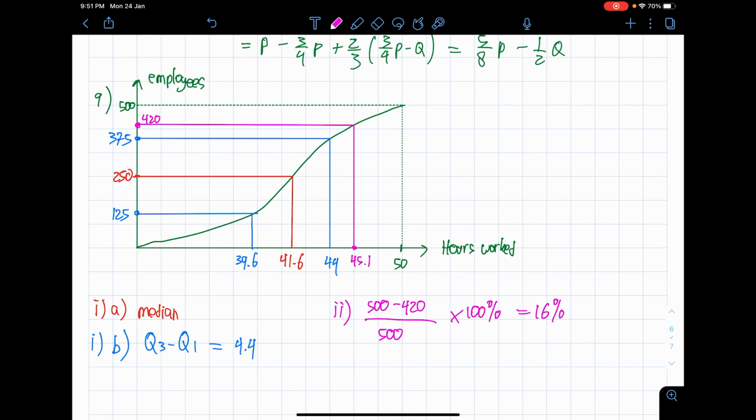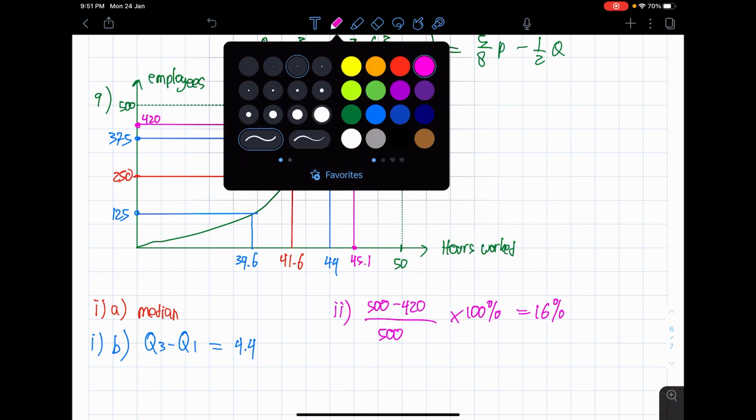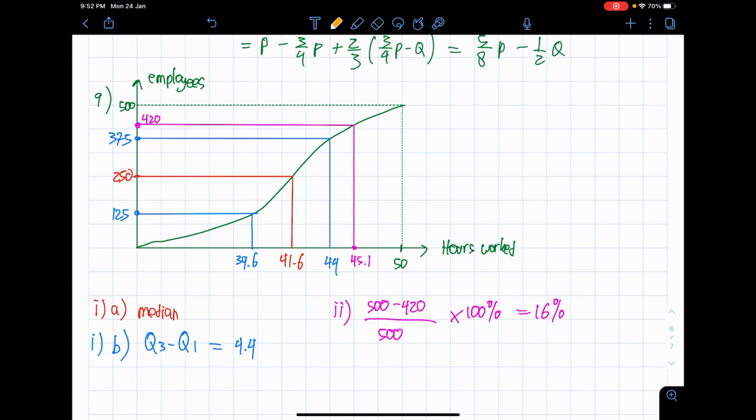Simply what they are going to have is the shift of the graph by 3 hours to the left. If you just follow the question, let me use an orange color. You reduce by 3 units so that the 50 hours becomes 47 hours here, right?